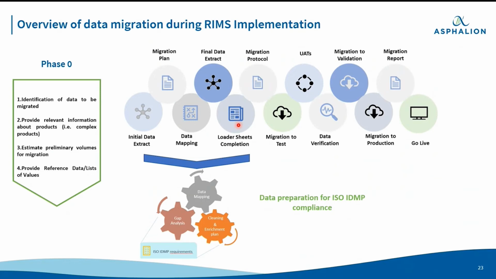What's important to know is that there are usually three main environments: a test environment, a validation environment, and a production environment. And usually the migration is done to each of those, in that specific order. So first in test, then in validation, and then when no errors are seen and everything is good, it goes to production so you can go live.